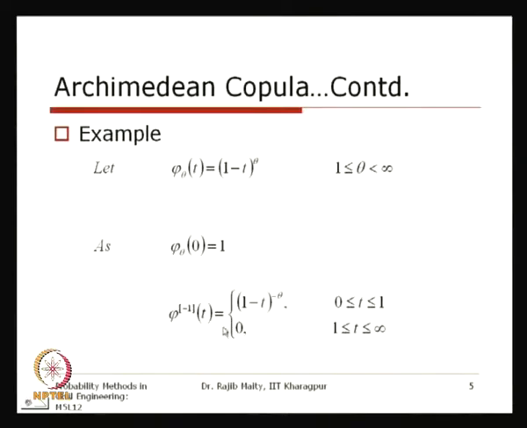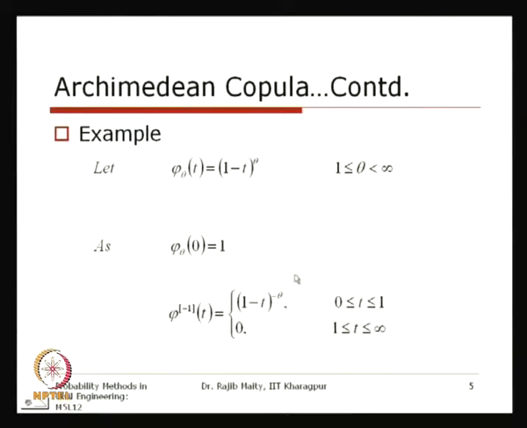So, we have to take the inverse of that function from 0 to 1, and from 1 to infinity it should be 0. The simple inverse of phi t is 1 minus t power minus theta, and for the rest of the range, from 1 to infinity, it should be 0.